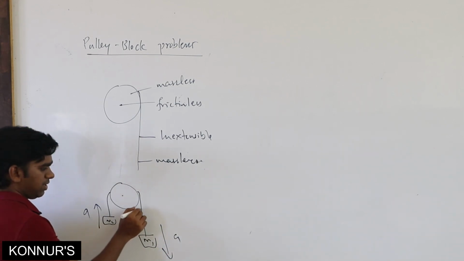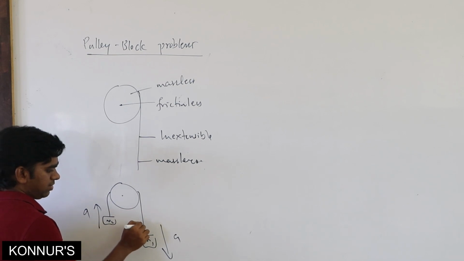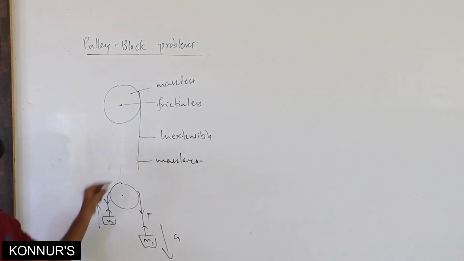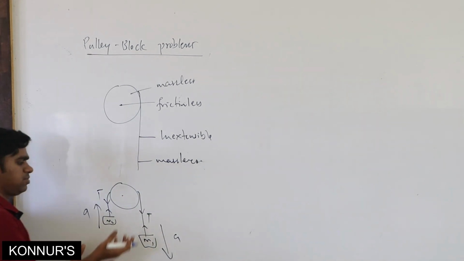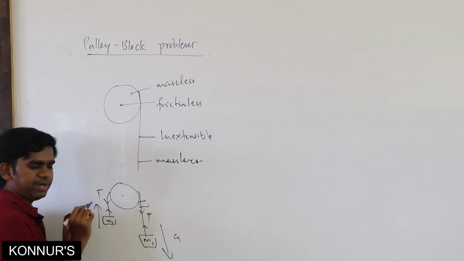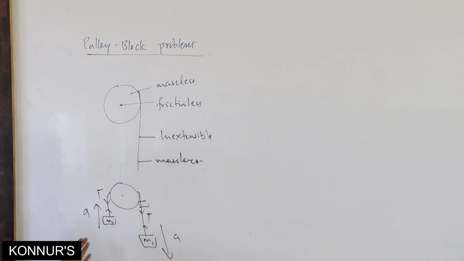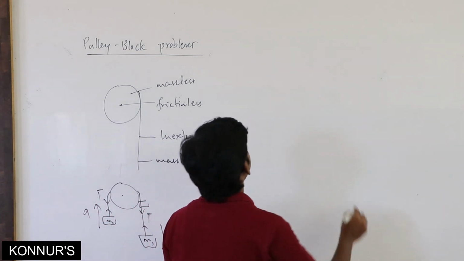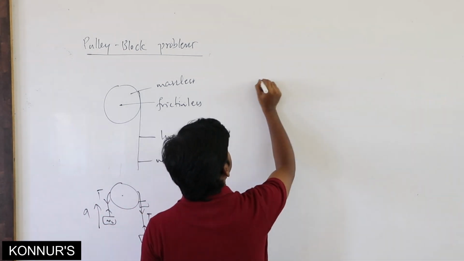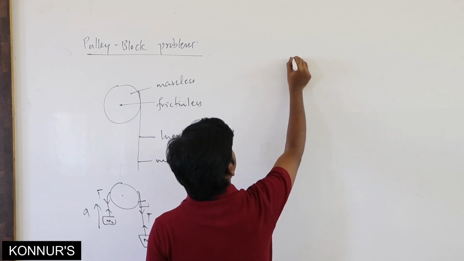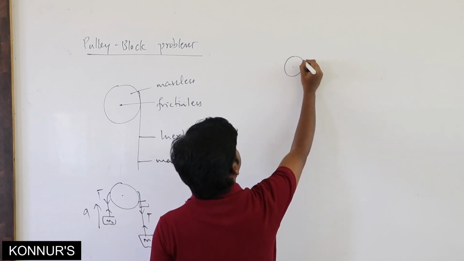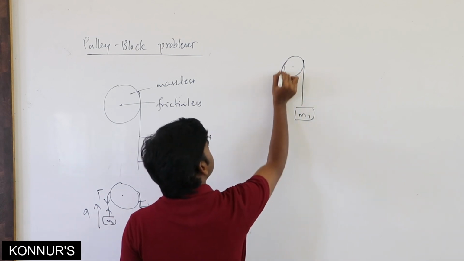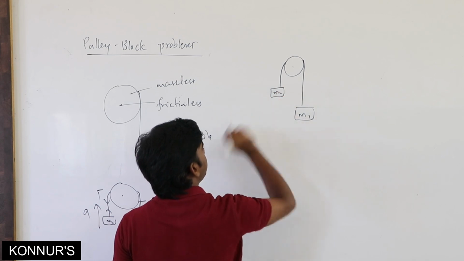Similarly, the tension here is T, and here also the tension is going to be T, because it is a single wire. If there is one more body connected in between, then T1 and T2 will be different, the tension may change. In general, suppose you are having a body of mass m1 on this side and a body of mass m2 on the other side.